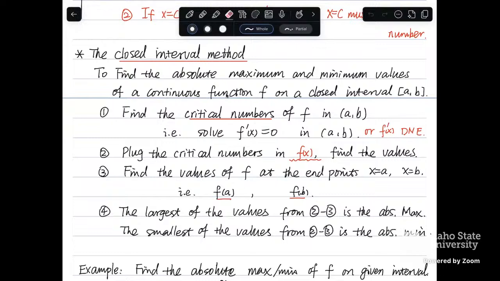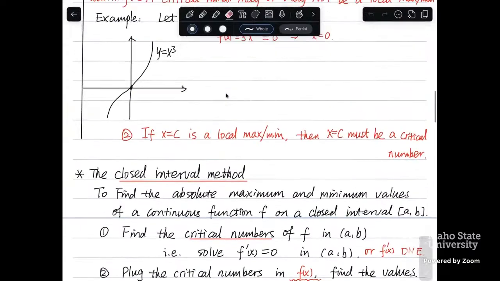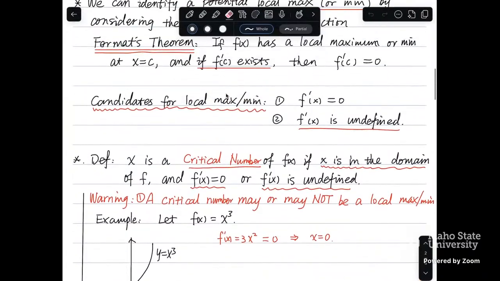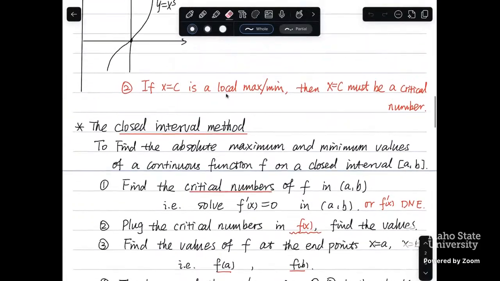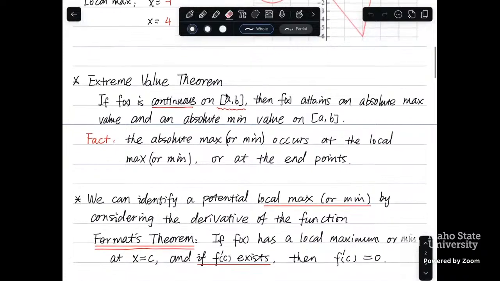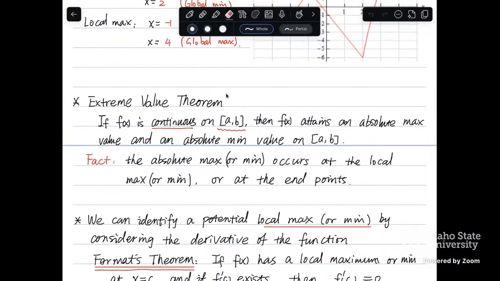For a continuous function defined on a closed interval, it's guaranteed you can always find the maximum value, minimum value. And this is what we call the extreme value theorem. The extreme value theorem tells us that if we have a continuous function defined on a closed interval, then this function must have an absolute maximum and absolute minimum.